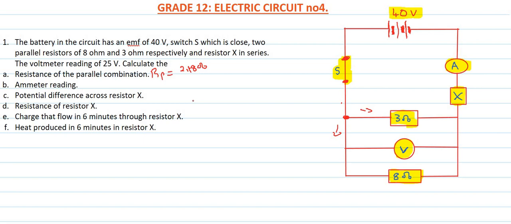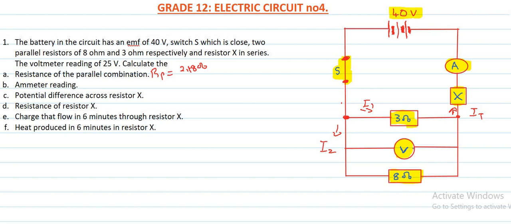The next question, they said calculate the ammeter reading. Remember that the current that enters this point will be divided into I1 and I2. Then the current that leaves this point will be equal to the total current. Mainly we can calculate the current using the voltage.